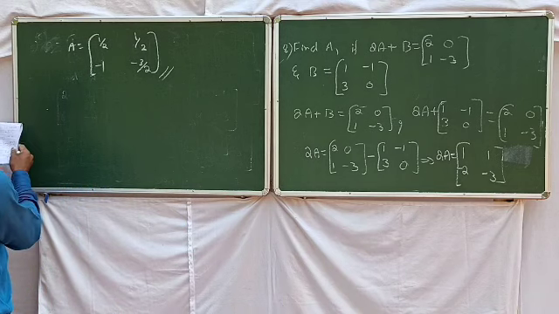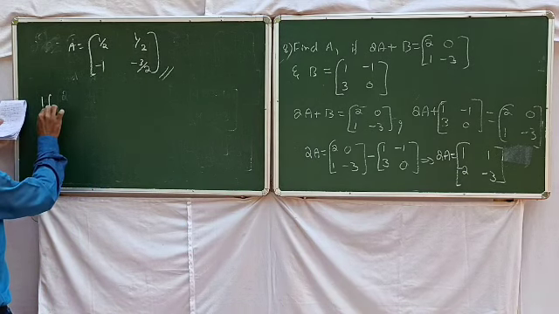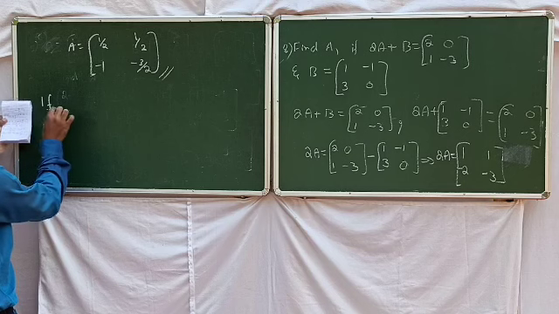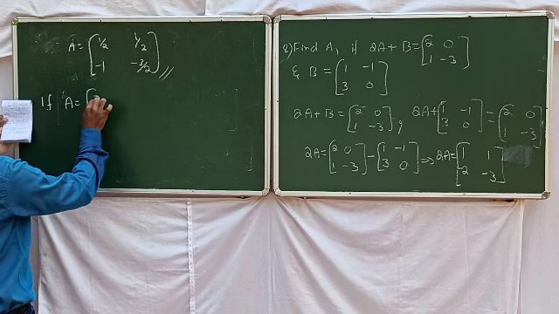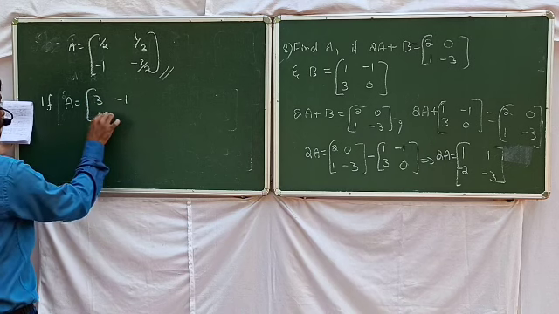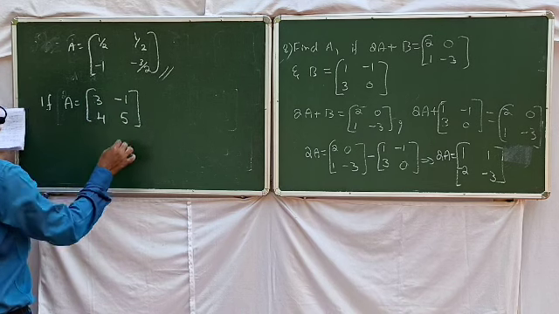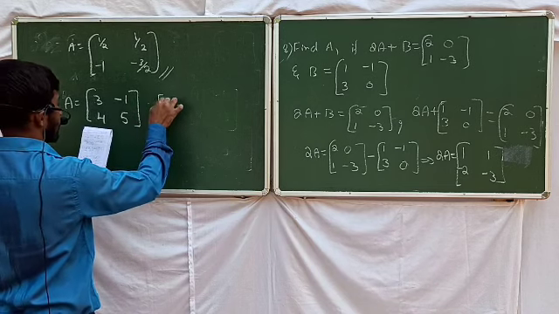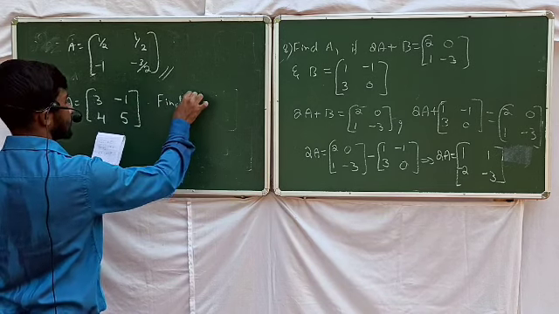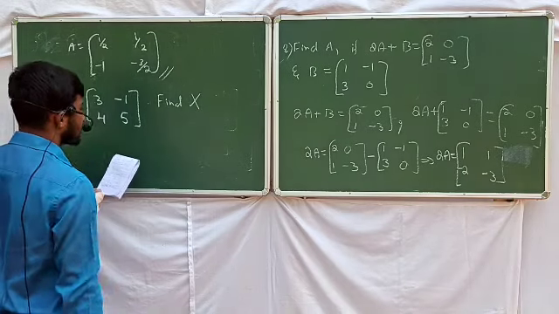See, next question is if a is equal to 3 minus 1 4 5. Find x. X is not an element, it's a matrix x, caps x.